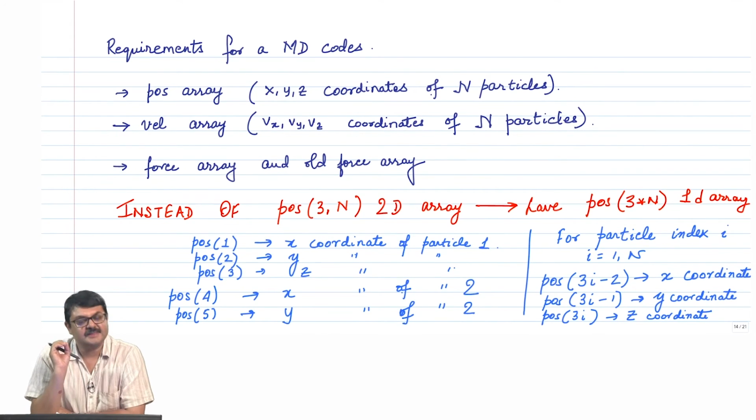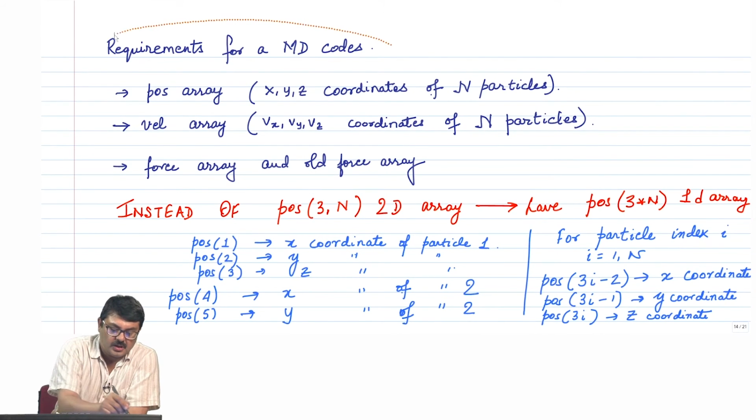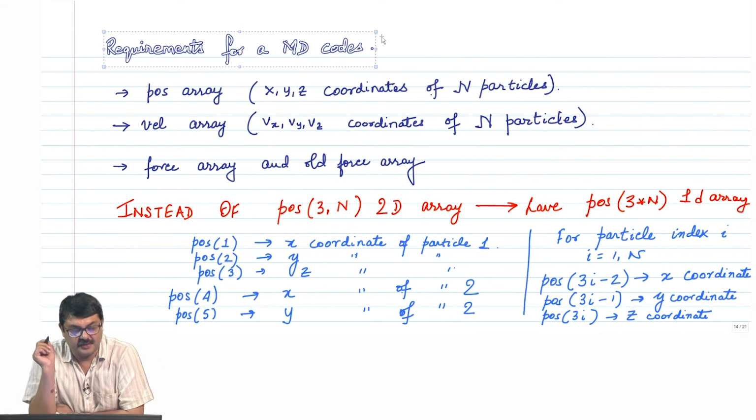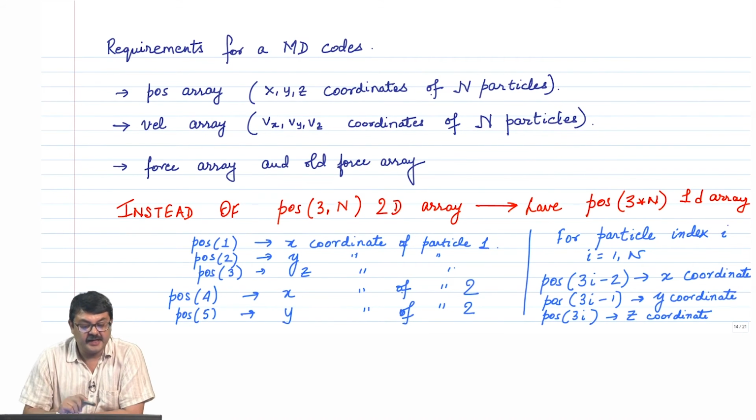So, let us discuss what one requires essentially to write an MD code. Well, one needs some big arrays, big especially if the number of particles you are simulating is large. So, you need a position array where you need the x, y, z coordinates of the N particles.